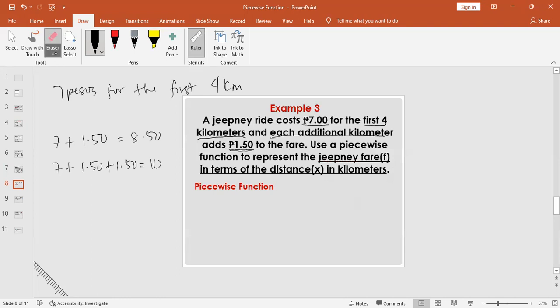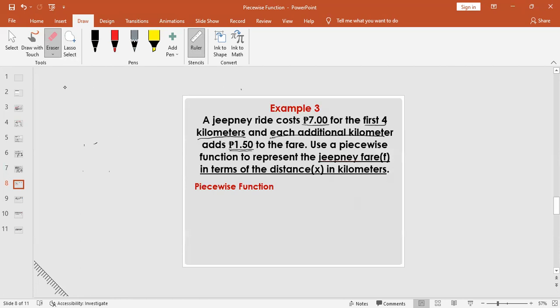Next, identifying the two variables. What are the two variables there? May nakalagay na dyan na variables. Jeepney fare, represented by lowercase letter f, and the distance represented by lowercase letter x. So there are two variables, the fare and the distance.